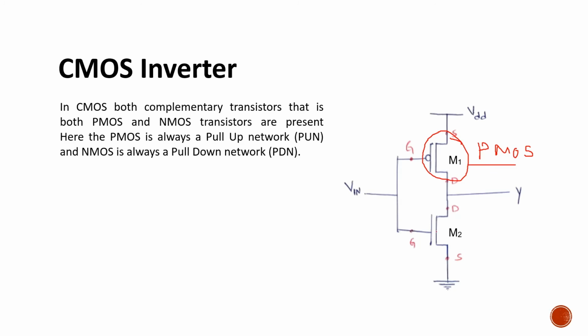Whenever it is NMOS, nothing. PMOS becomes on when its input is logic 0, and it becomes off whenever input is logic 1. That's the behavior for PMOS. Whereas for NMOS, it becomes on for logic 1 and off for logic 0.